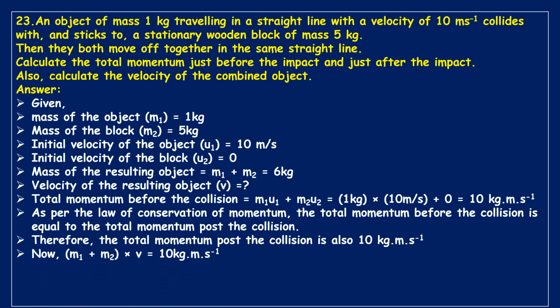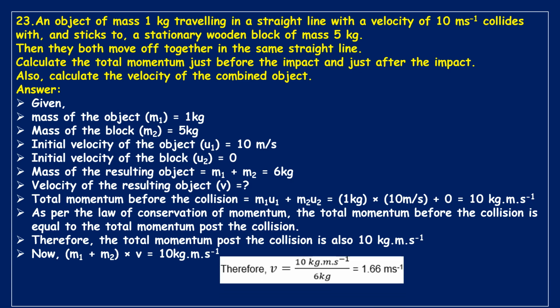Now, mass of object 1 plus mass of object 2, into V. Momentum formula is M into V. So here M means the two objects' masses taken together, into V. M1 is 1 kg, M2 is 5 kg, into the velocity. The total momentum is 10 kg meter per second.